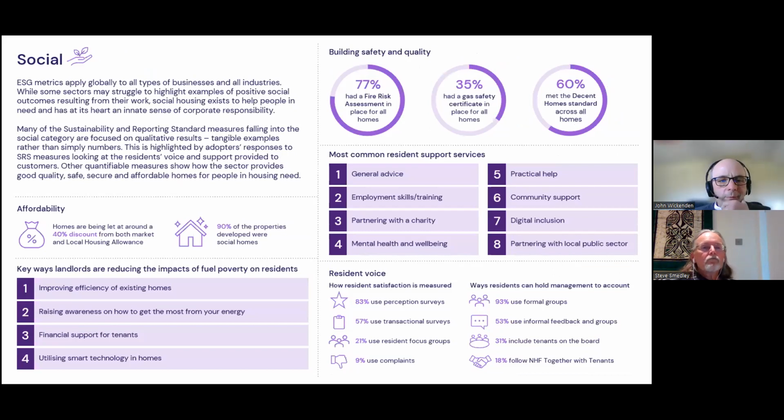So with social, there's questions on affordability. So this is looking at the relationship between market rent and what rent is being charged by landlords taking part. Now, this shows to financial institutions what it actually means to charge sub-market rent at a social landlord.